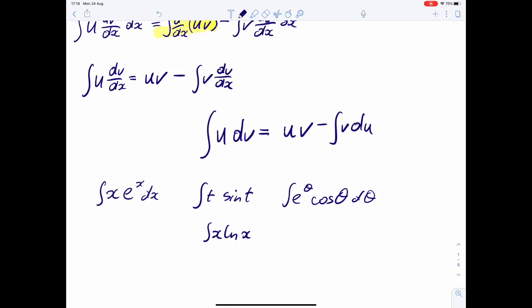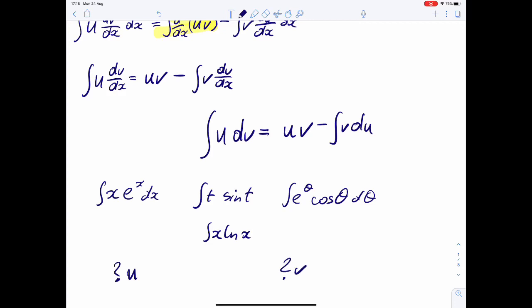Setup is a little bit more difficult than previously, because now we need to be capable of identifying functions that would fit into the integration by parts schema. So given a product of two terms, the initial choice is which part to make equal to u, and then which part is going to be equal to v. So this is the question we're asking: what's u, and also what is v?